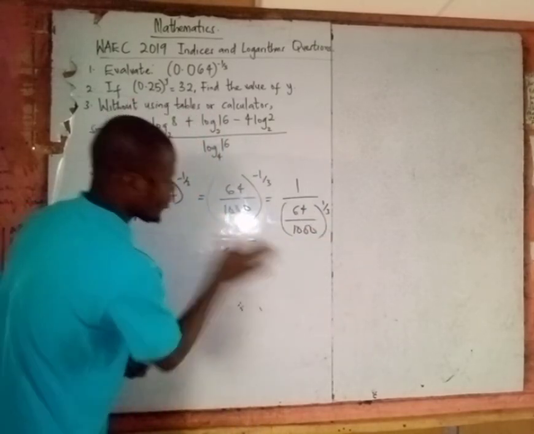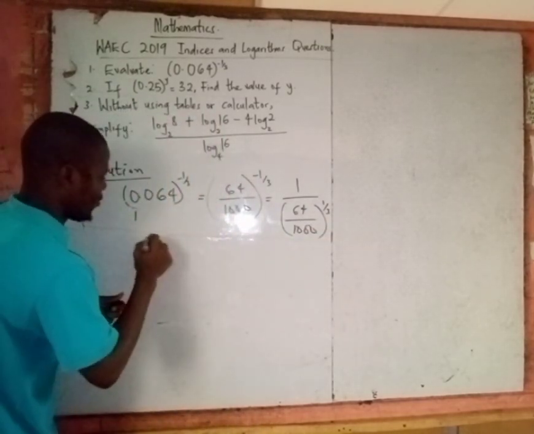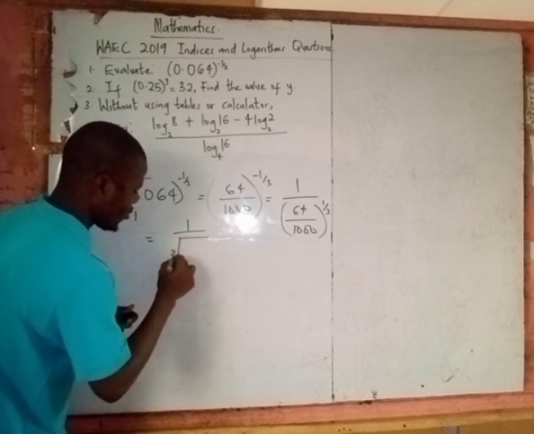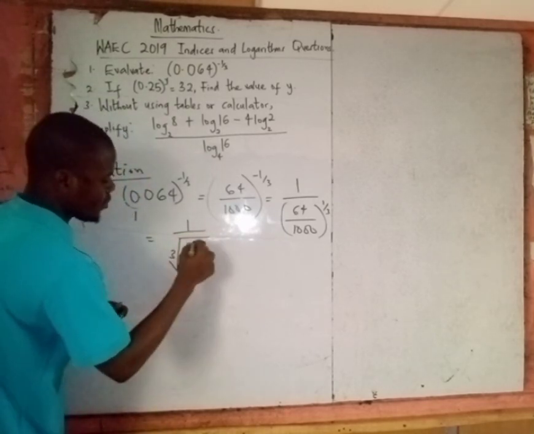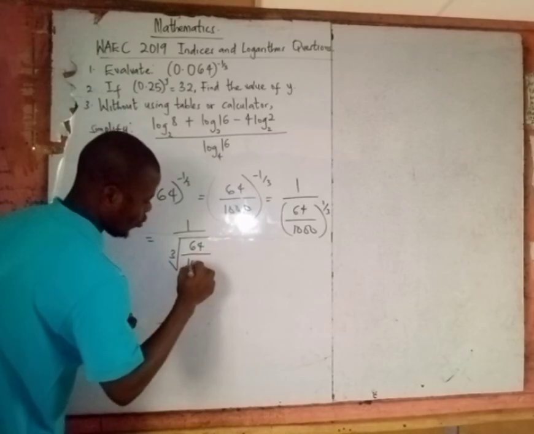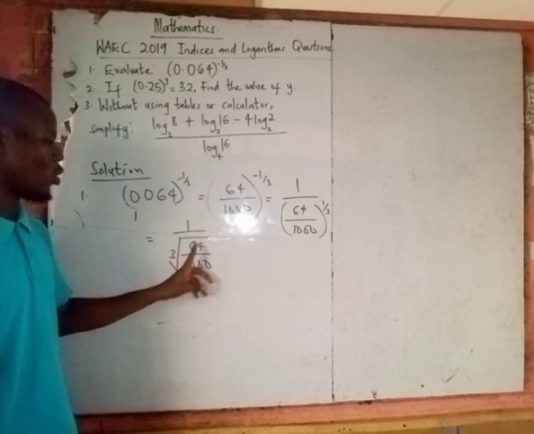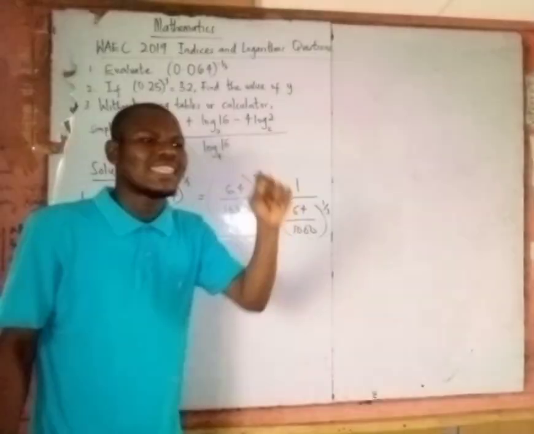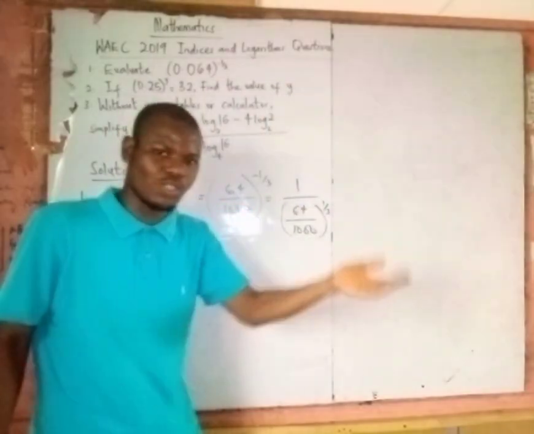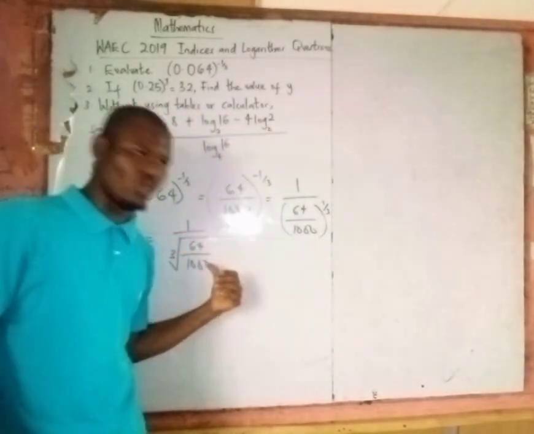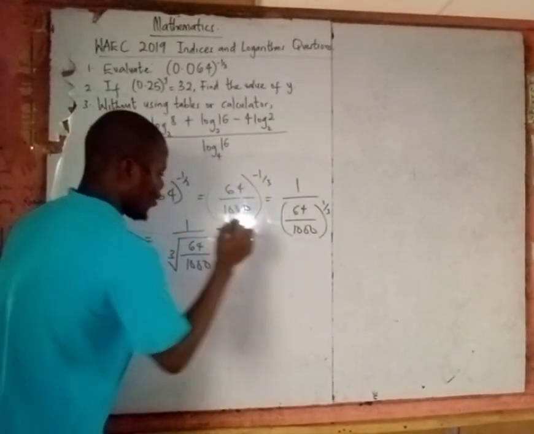So we have 1 over the cube root of 64/1000. For the cube root of 64, find a number that when you multiply it 3 times gives 64, and also a number that when you multiply it 3 times gives 1000.